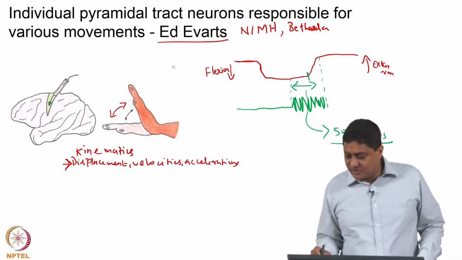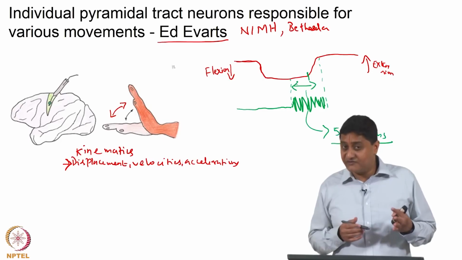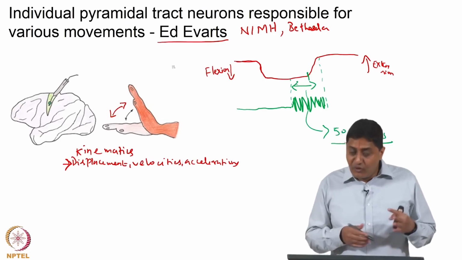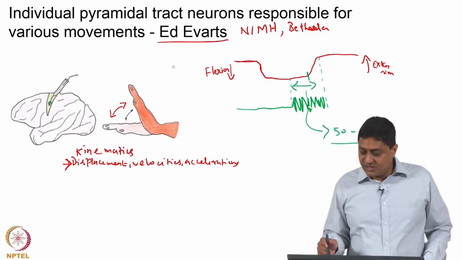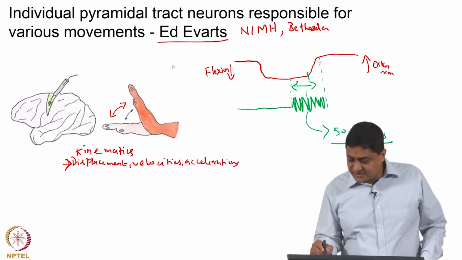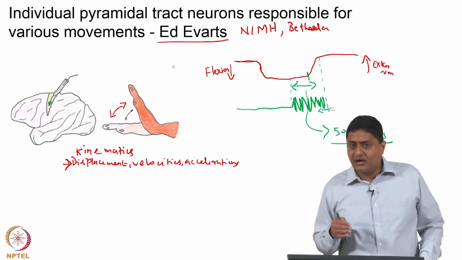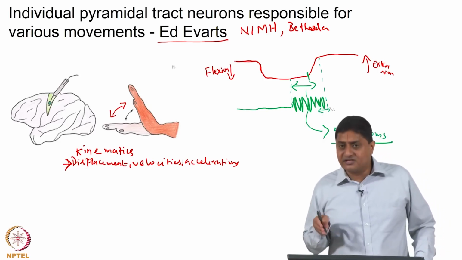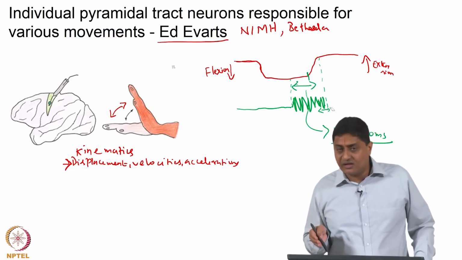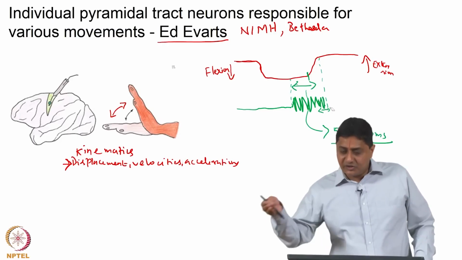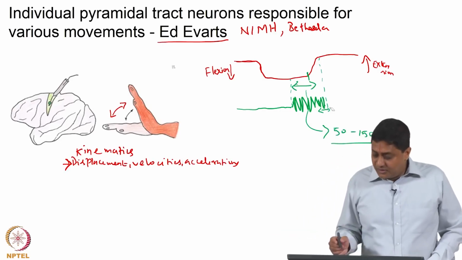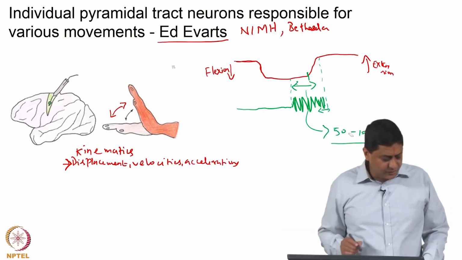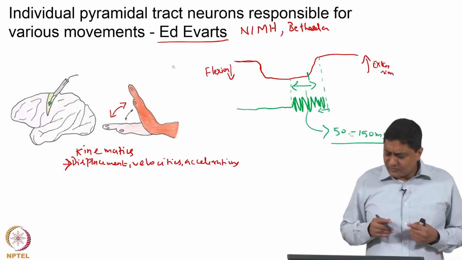So, this means anywhere between 50 and 150 milliseconds before the movement onset, this neuron starts firing, right. And it stops, and there is a gap after the stoppage of activity of this neuron, but the movement continues for some time after. Okay. So, this is about 50 to 150 milliseconds.